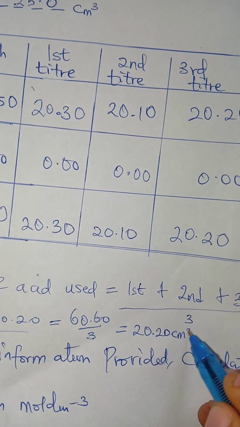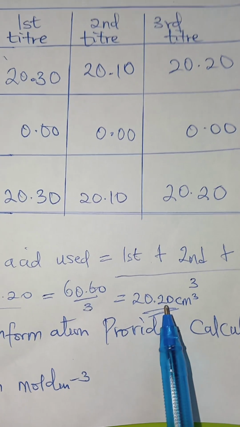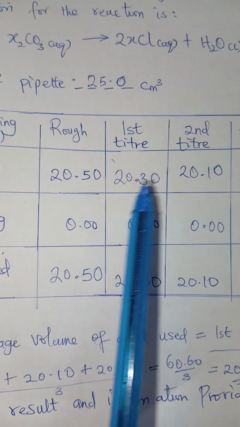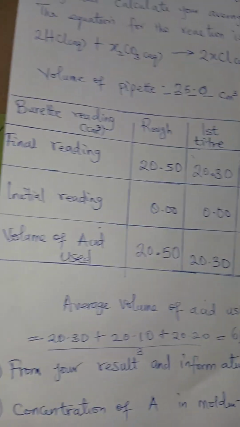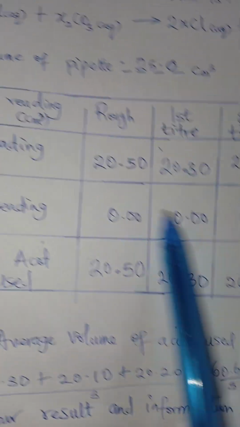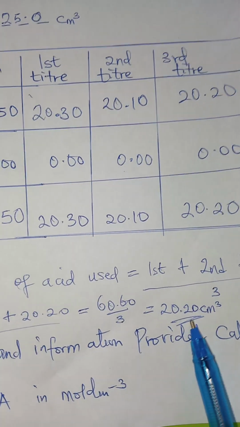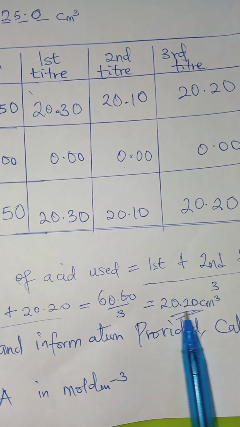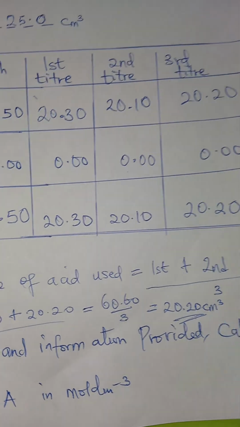Your calculator will give you 20.2. Please do well to add 0 at the back. You can see that the values on this table are to 2 decimal places. Please note that your values on the table should be to 2 decimal places. That is why my average volume of acid used is 20.20. I added 0 at the back, my calculator gave me 20.2. So it is your duty to always add 0 at the back and put your correct unit.